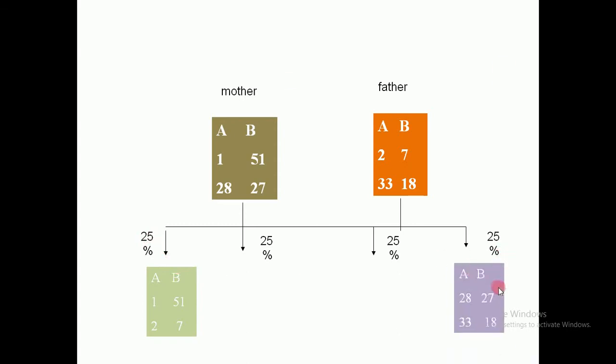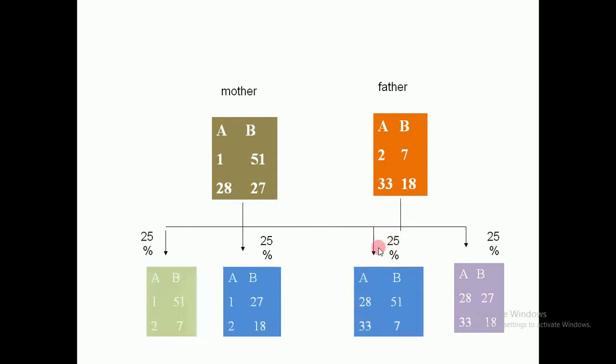And another 25% of their children have another haplotype, 28, 27 from the mother, and 33, 18 from the father. And another 25% of their children, their HLA typing is 1, 27, and 2, 18.